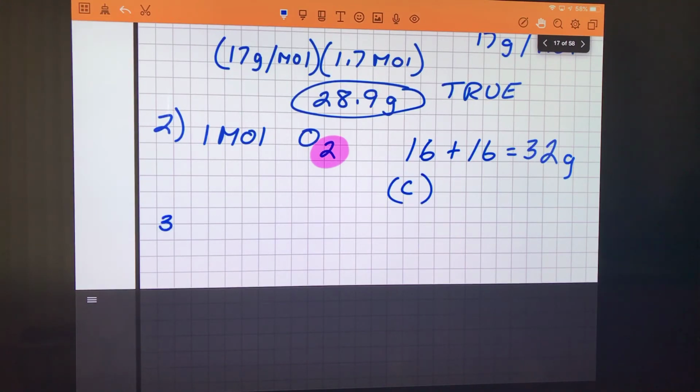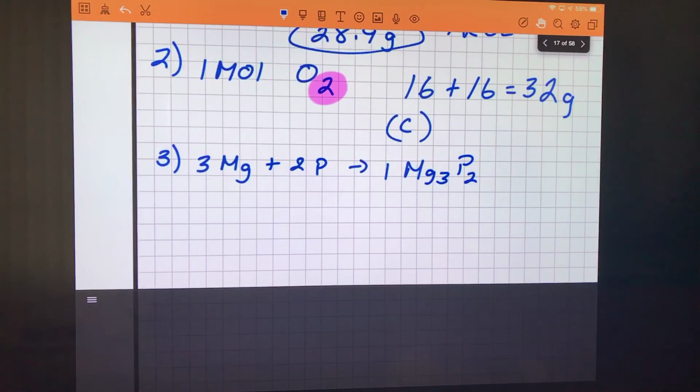All right, number 3. I gave you an equation. 3 moles of magnesium plus 2 moles of phosphorus yields 1 mole of magnesium phosphide. Okay, that's a true reaction. But instead of using 2, I wanted to make this 4. What did I do to my recipe?